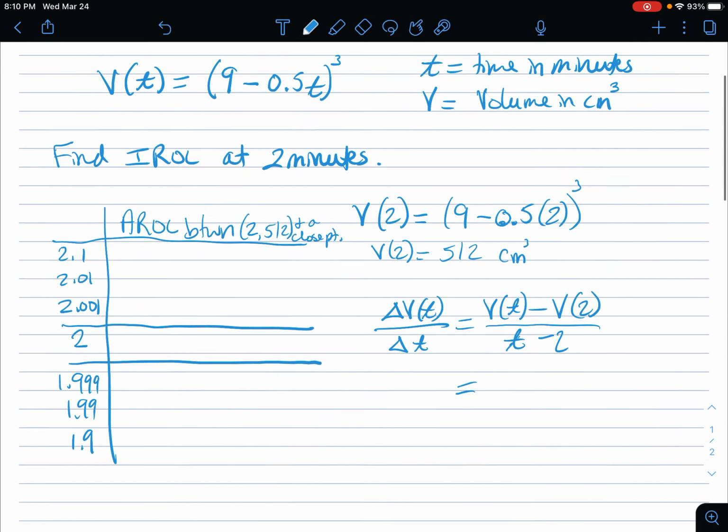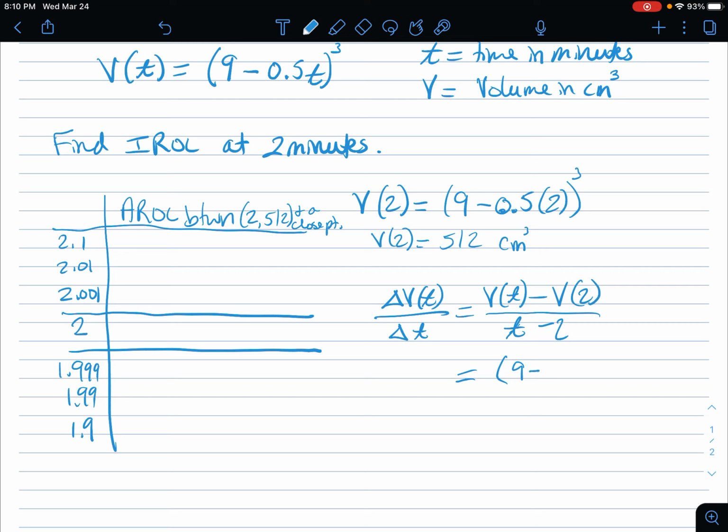V of t is this formula, 9 minus 0.5t, all that cubed, minus 512, because it's the output take away the output, and then we'll have t take away 2. This is what you would be plugging into your calculator. Whether you use a table feature or not, you must have parentheses around the numerator and around the denominator.